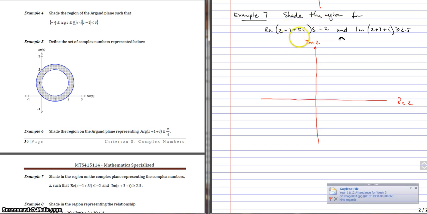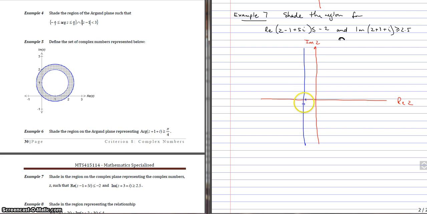Okay, so from -2, plus 1 to the right means it's at -1. Okay, so that's our vertical line. Now it's less than or equal to, which means we're going to draw a solid line. It's meant to pass through there at -1. We'll presume that it does.